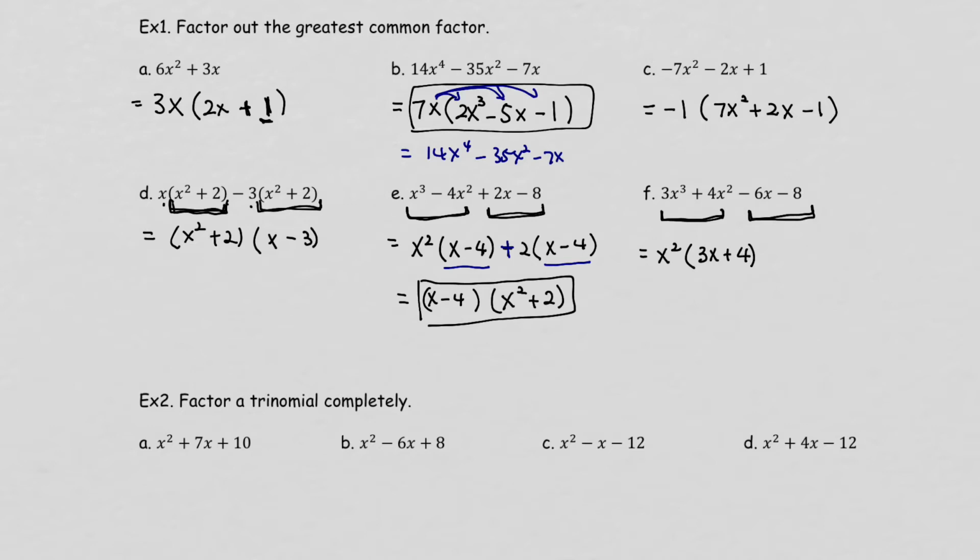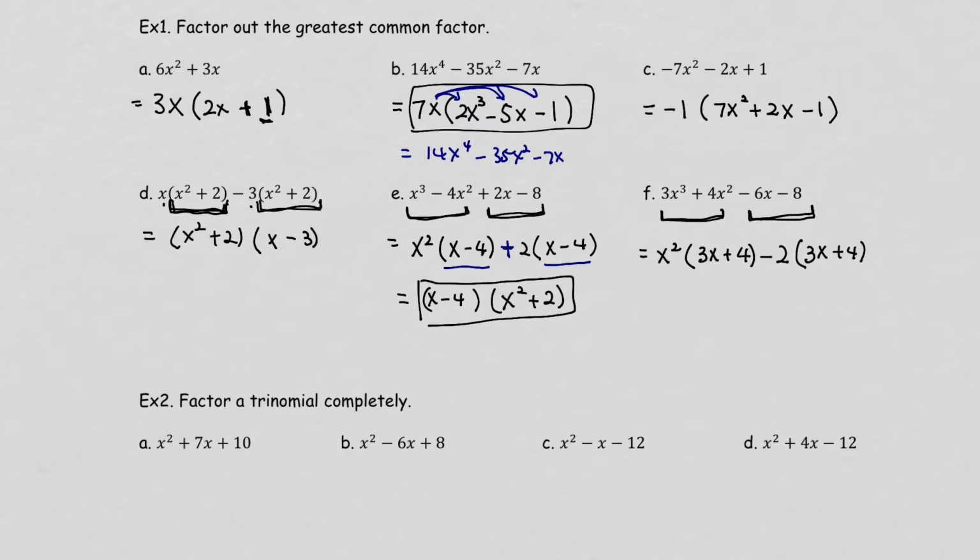The reason I wanted to take negative 2 out is because, remember, we're trying to create a greatest common factor, right? So whatever is left over should be 3x plus 4. Because both are negative, you have to factor out negative 2 in order to get positive 3x, positive 4.